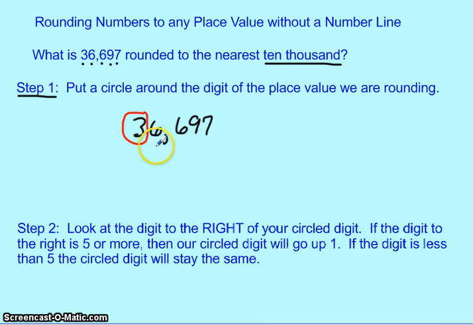So 30,000, what would be the next? We should be thinking about what the next 10,000 is. So this is 30,000. Okay, and what's the next 10,000? Well, it would be 40,000 because we're counting by tens. So 30, 40, we're counting by 10,000s.